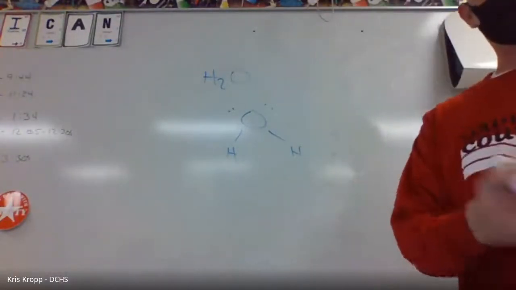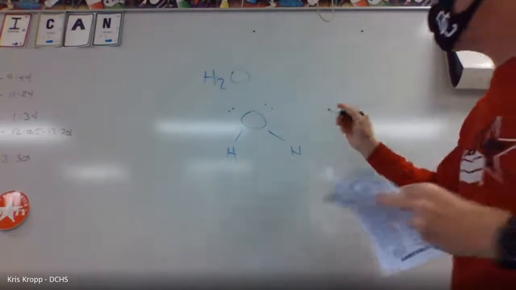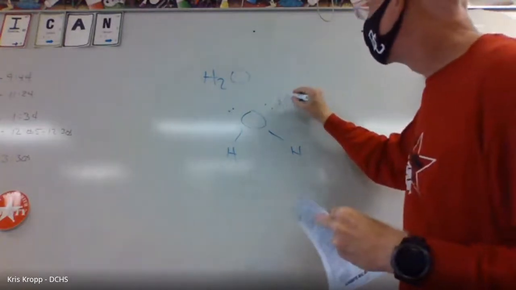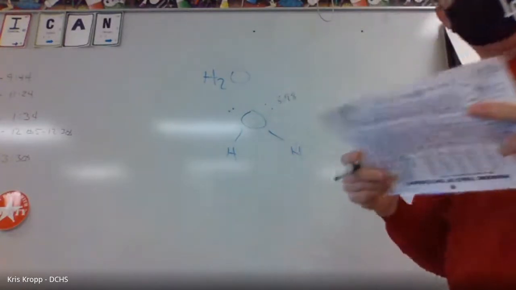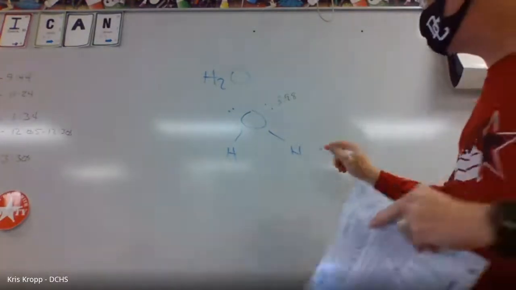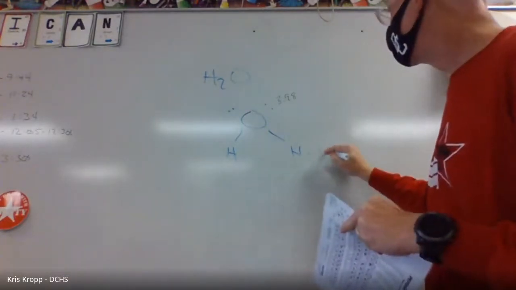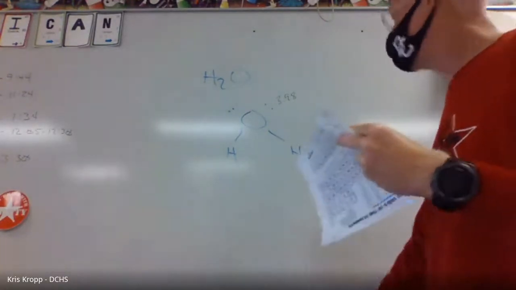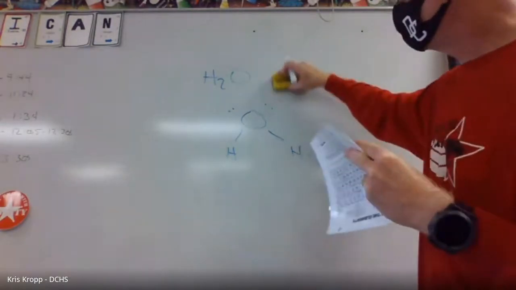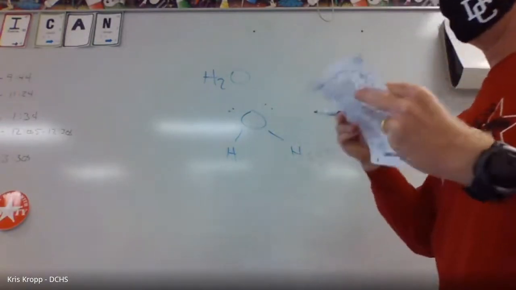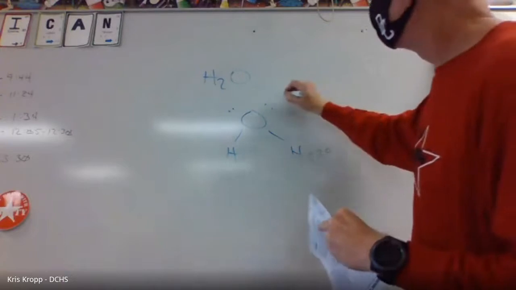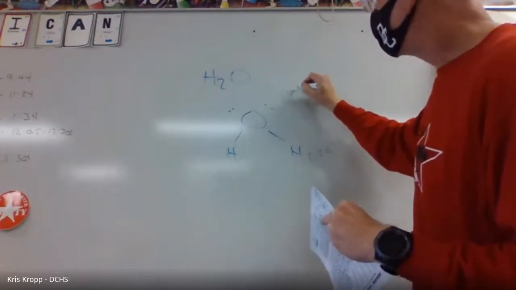Oxygen's electronegativity value is 3.98. Hydrogen's is 2.20. Oh, I looked at the wrong ones. Forgive me. Sorry, that's not correct. I looked at fluorine. It's 3.44. Sorry about that.